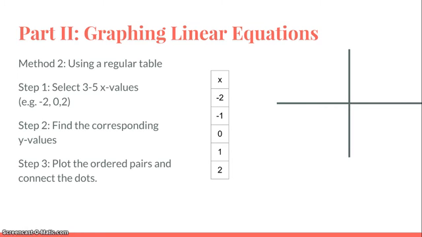I choose these 5 points because they usually show me everything I need to know, and they're also a really good point to start in future equations once we get to something a little more complex than linear functions. So I pick these 3 or 5 starting x values, then I'll plug them into whatever equation I've been given. That'll help me find the corresponding y values, and ultimately I will plot those ordered pairs, connect the dots, and I'll have my line.